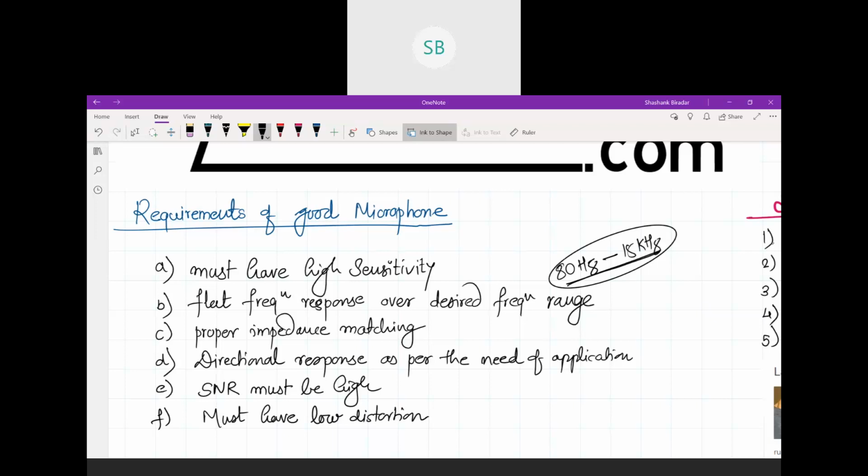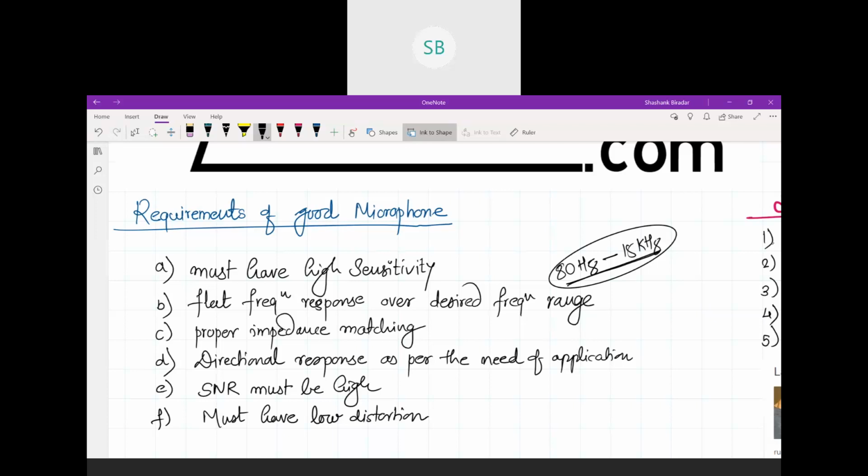Then the SNR must be high, and finally we must have very low distortion. In the market you can find various types of microphones. Noise cancellation microphones are there, but they require some add-on for that.